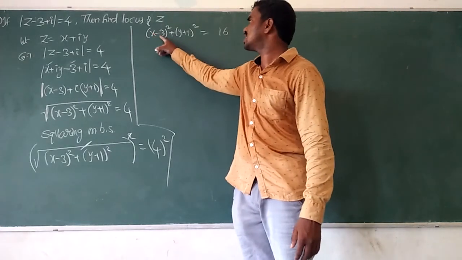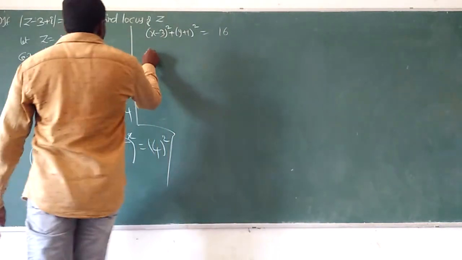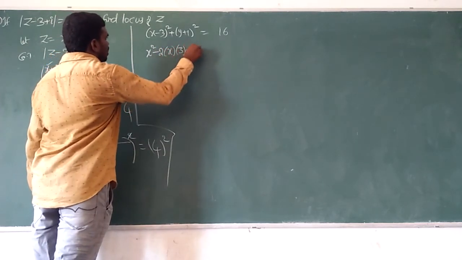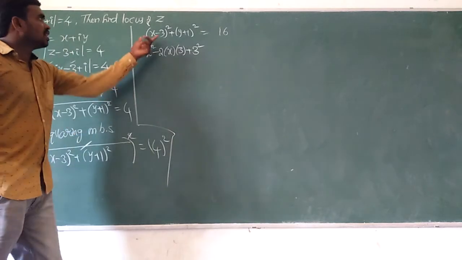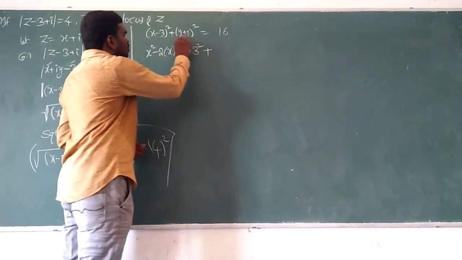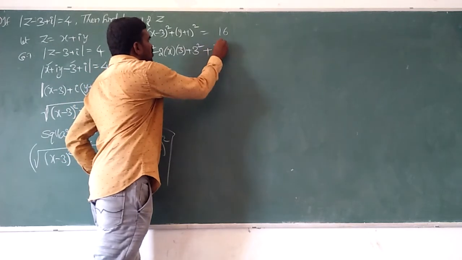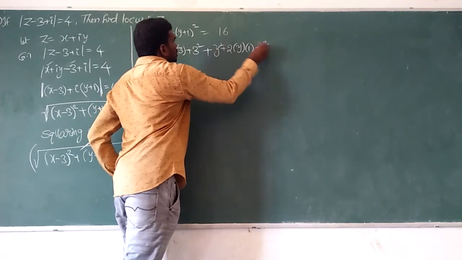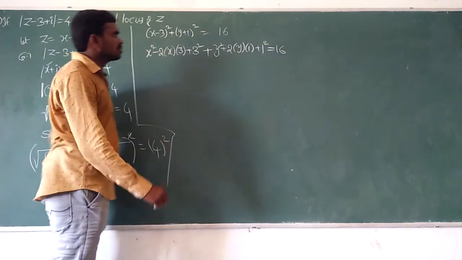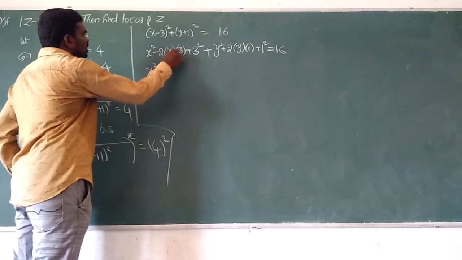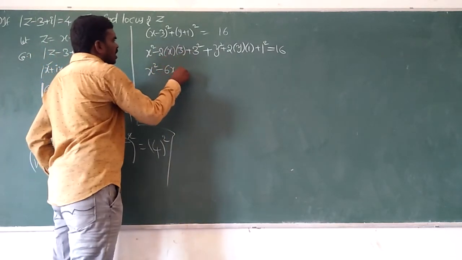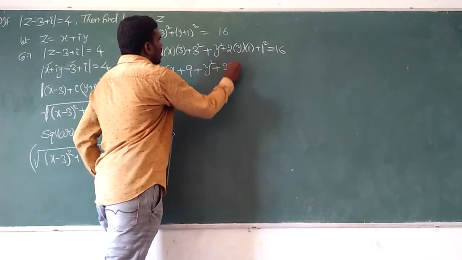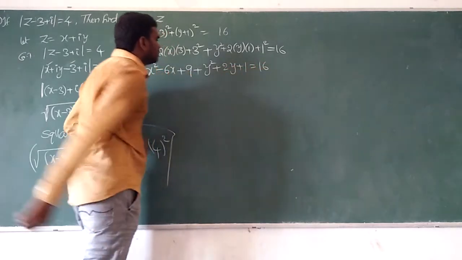Simplify. This is in the form of a minus b whole square, whose formula is a square minus 2ab plus b square, and a plus b whole square is a square plus 2ab plus b square. So x square minus 6x plus 9, plus y square plus 2y plus 1, equals 16.